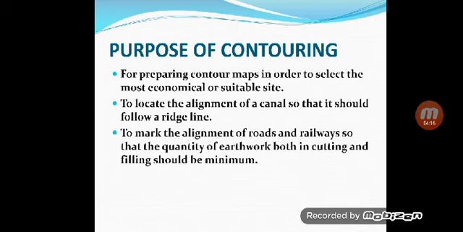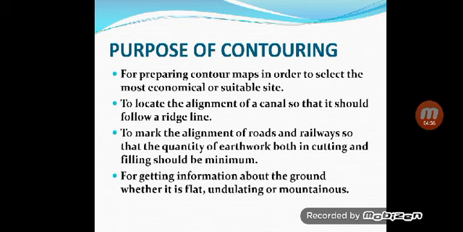It will also show the alignment of roads, in which direction the roads should be built, and railways also, so that the quantity of earthwork in cutting and filling should be minimum. It also gives information about the ground, whether it is flat, slopy, undulating or mountainous. It will also show the nature of the ground.